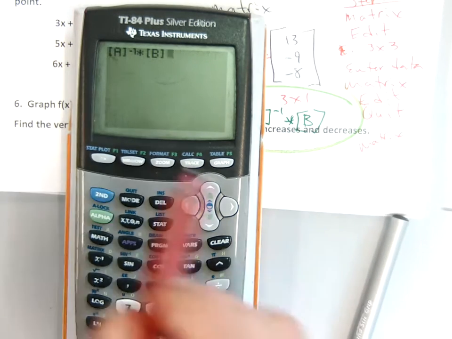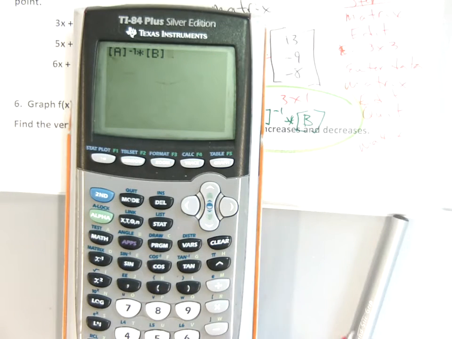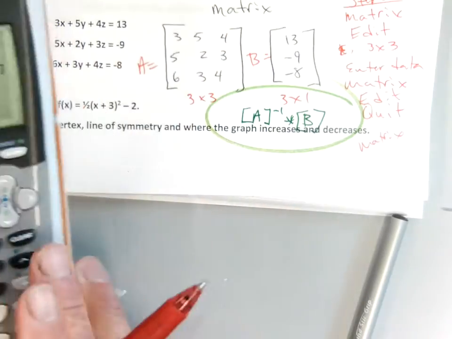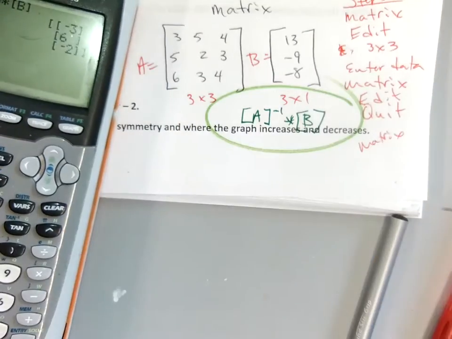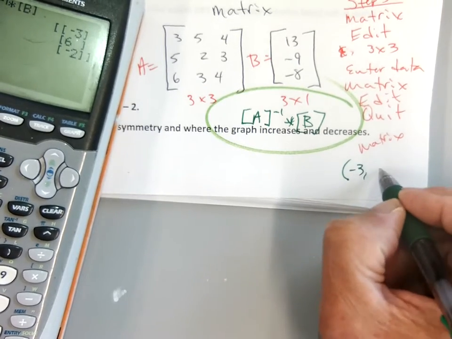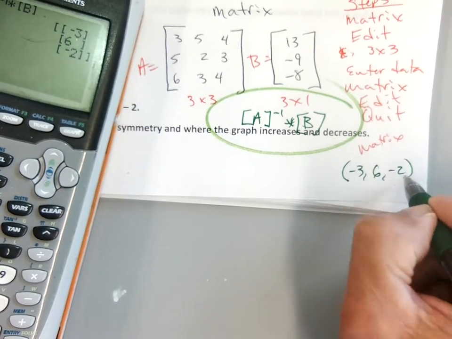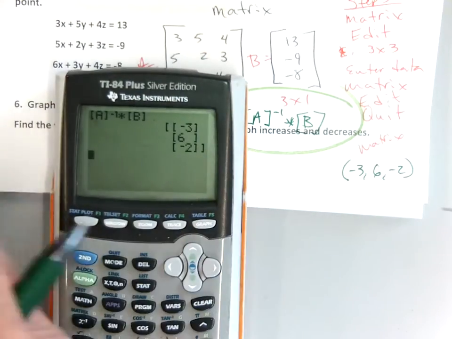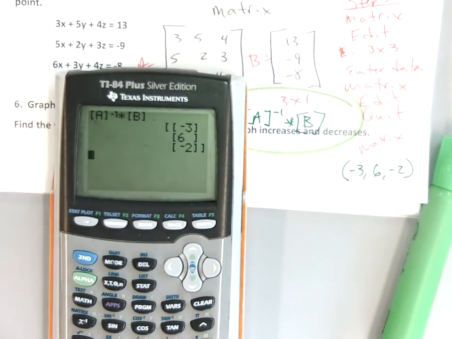Now, this is the formula of my calculator for solving this. So I push enter, and there it is. That's the answer to X, Y, and Z. So my answer, my calculator, turns out to be the point -3, 6, -2, okay? All right? Want me to go through it again? That last step?